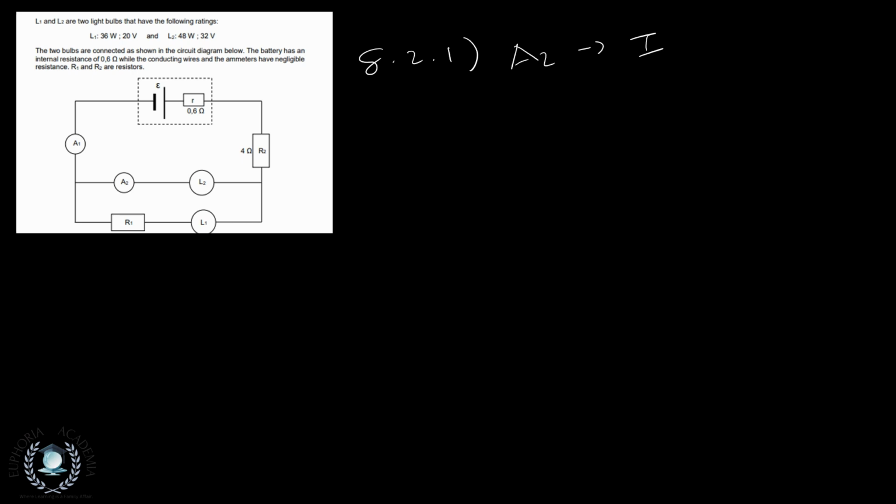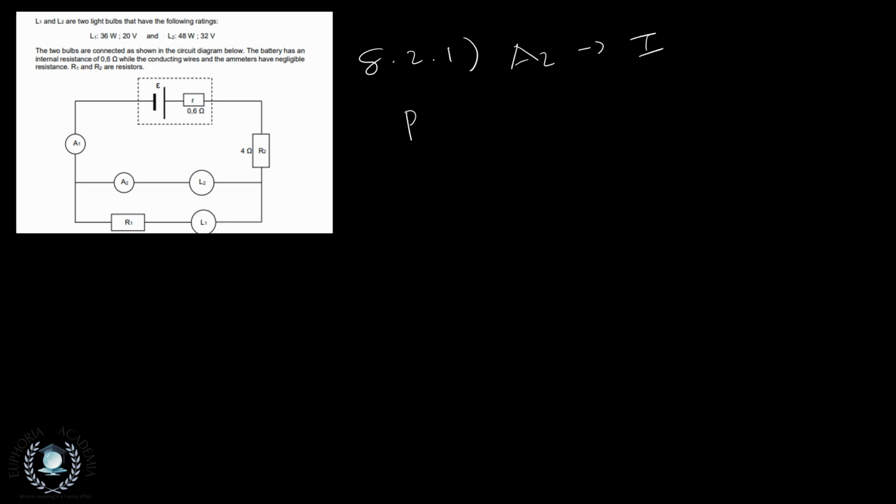So what this means is that these light bulbs cannot operate above or below these ratings, otherwise they will not work. In this circuit they work, so we now know the power dissipated as well as the potential difference across these light bulbs. Without further ado, let us find what the current is at A2.